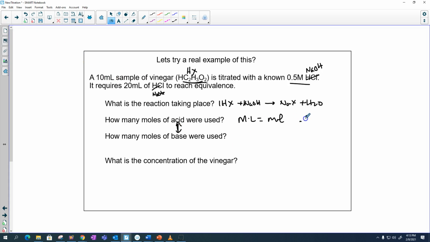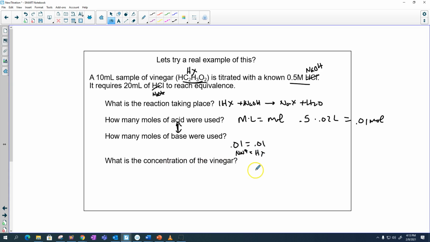Molarity is 0.5 times the volume of 0.02 liters, and half of that is 0.01 moles. Now, because it's a 1 to 1 ratio, this is also 0.01 moles. So the moles are equal, of your base, in this case your NaOH, equaling your HX.